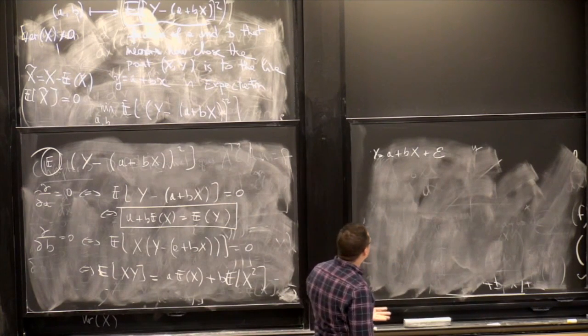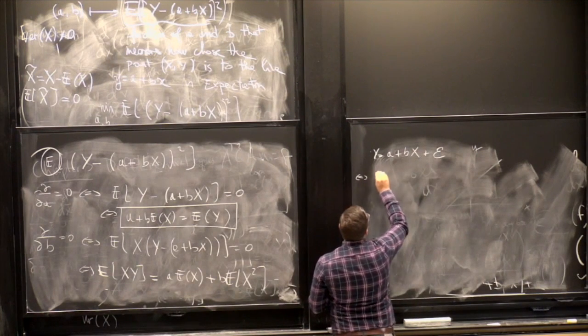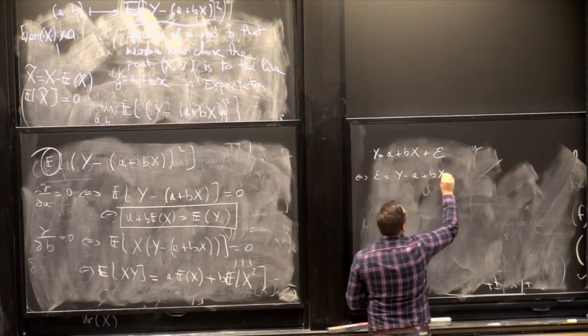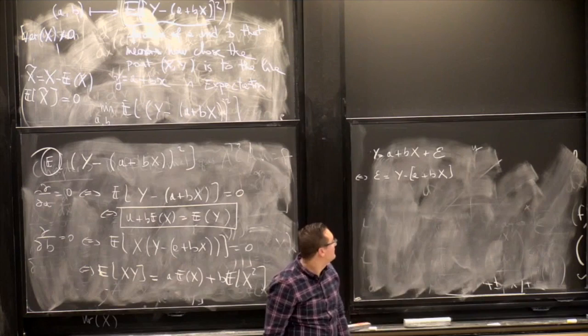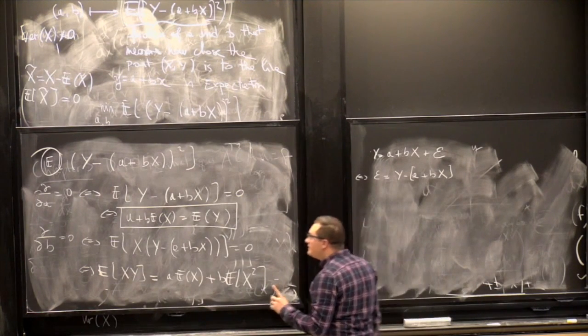So what happens is that I can always say this is equivalent to saying that epsilon is equal to y minus (a plus bx), right? I can always write this. It's a tautology. But here, this is not for any a and b, right?